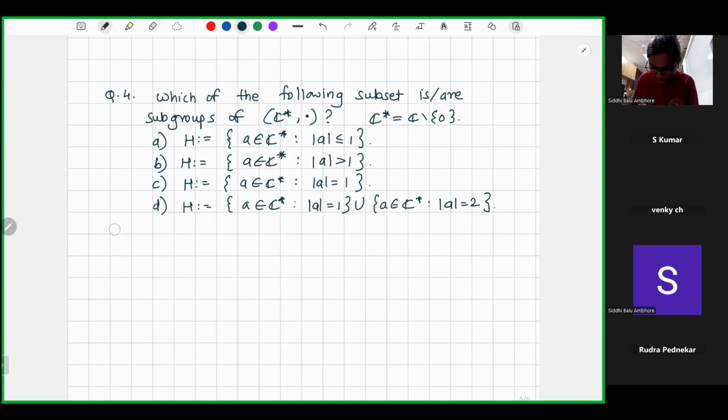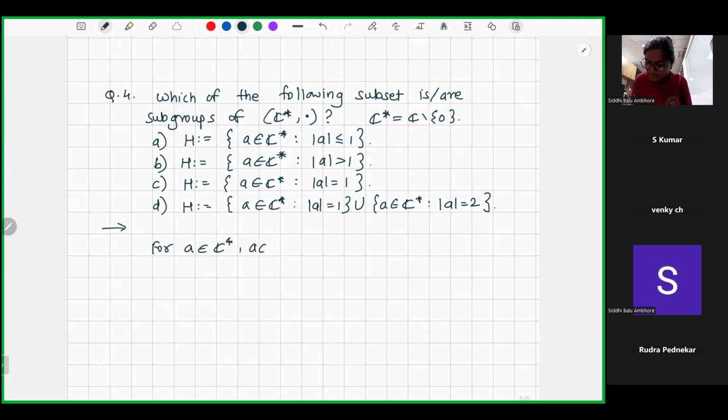So any doubts here? I mean, doubts means the question is here. Yes. So I wanted to say for A in C star.